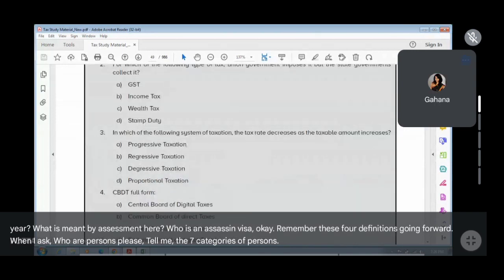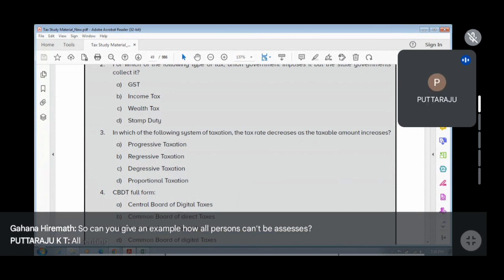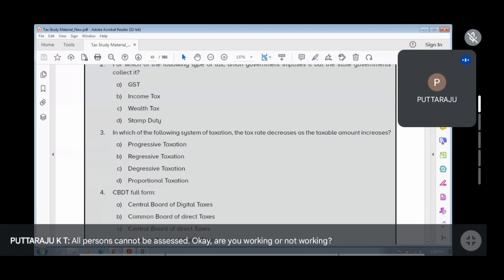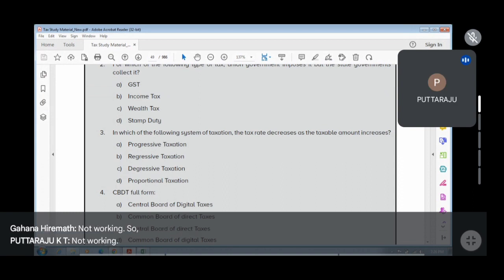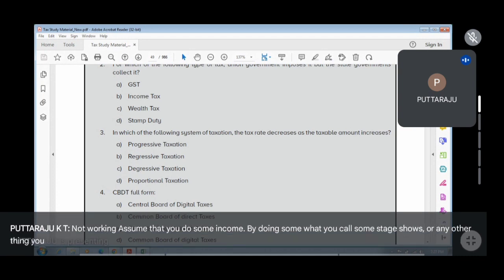Sir, can you give an example of how all persons can't be assessees? Okay, are you working or not working? Not working, sir. Assume that you do some stage shows or any other thing and earn income. Assume that you will get 2 lakhs income in a year. You are an individual.